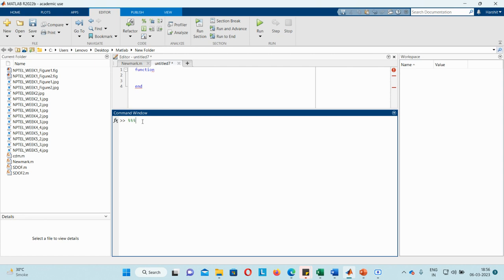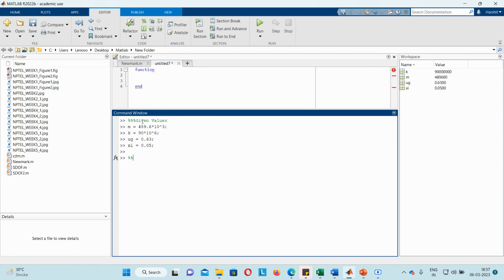First again we write the given values. What values are given to us? Mass is 489.6 into 10 to the power 3. Stiffness coefficient is 90 into 10 to the power 6. Ground acceleration is 0.63 meter per second square, and damping coefficient is 0.05.